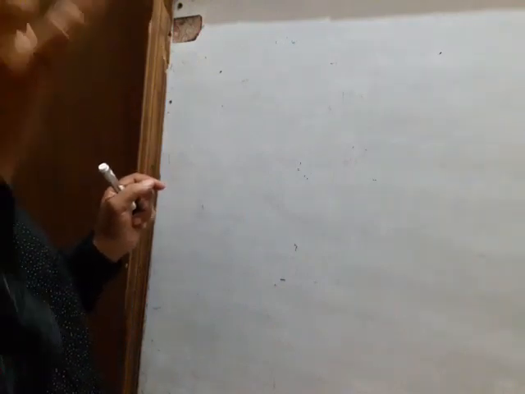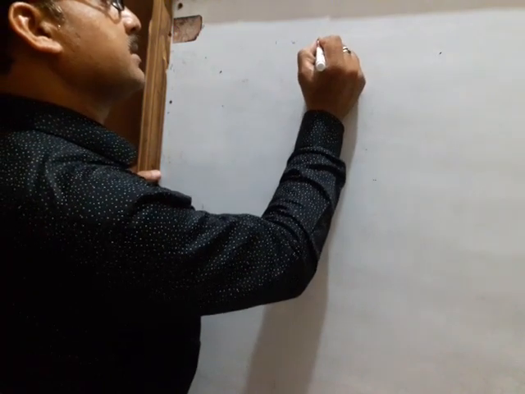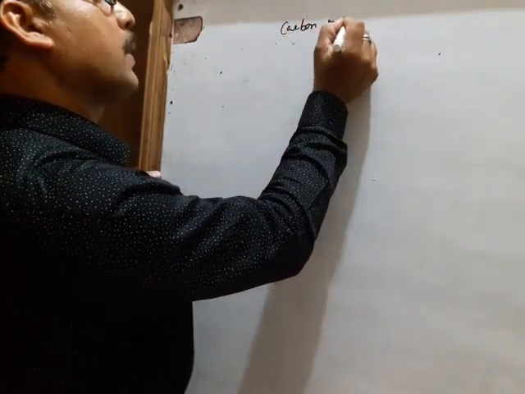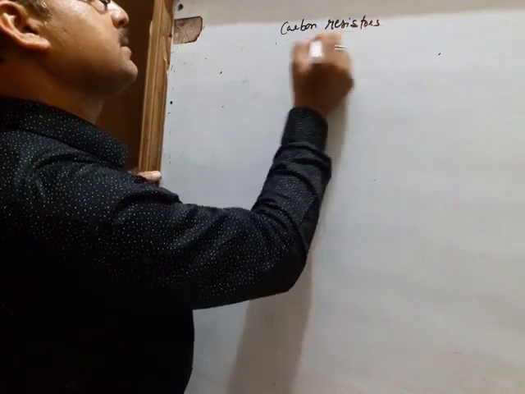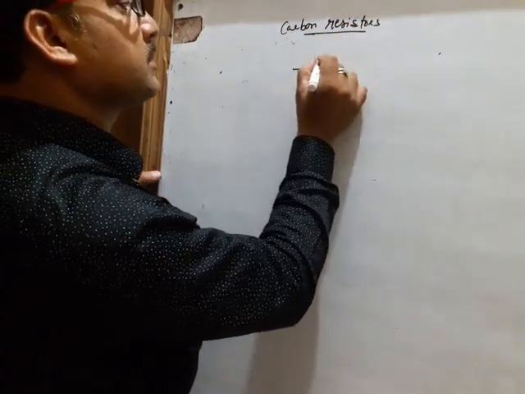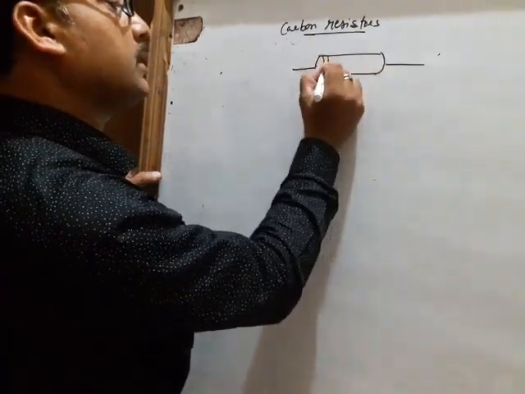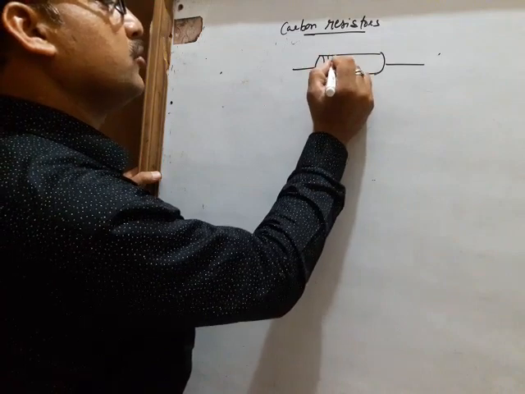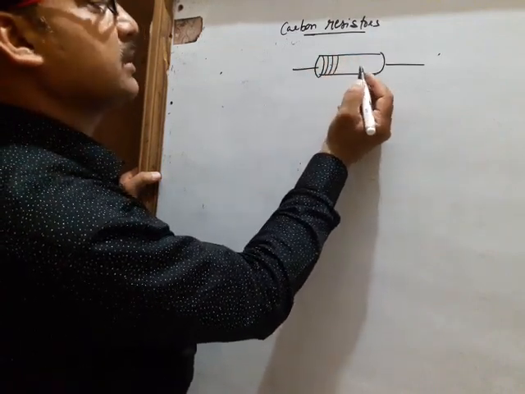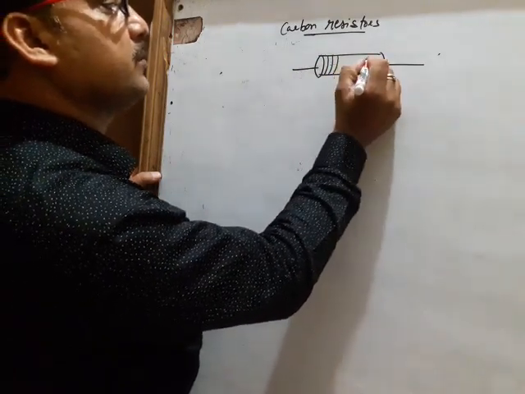Now you will find color codes, carbon resistors. These are carbon resistors. You must have seen them in electronic circuits, in radio circuits or in the motherboard of a television.